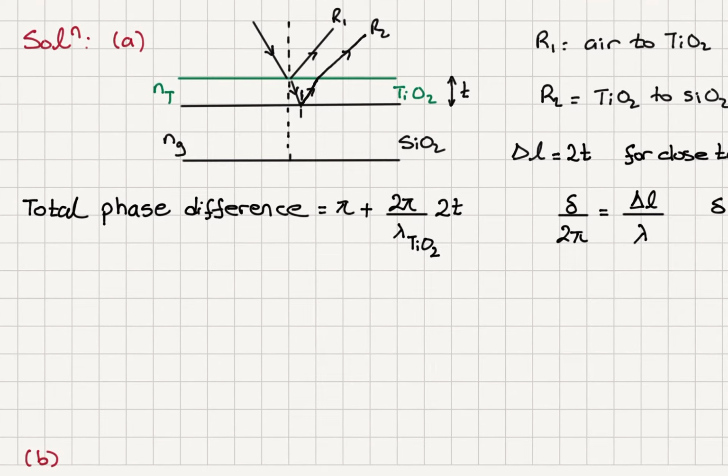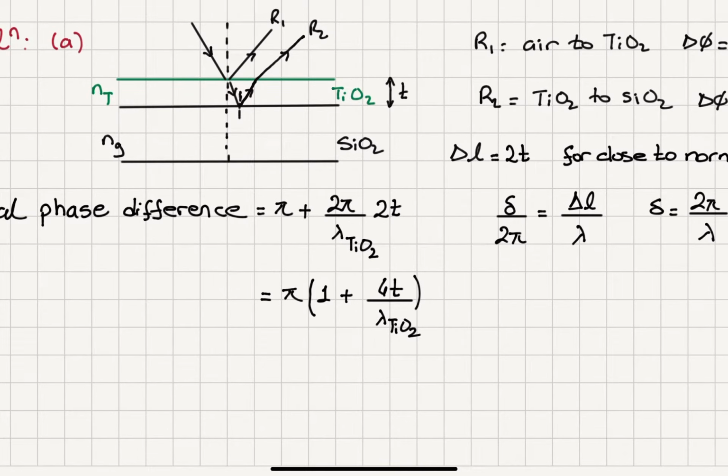All right, so this will give us a phase difference of pi times (1 + 4t divided by the wavelength in titanium oxide, lambda titanium oxide), where t is the thickness of the titanium oxide.